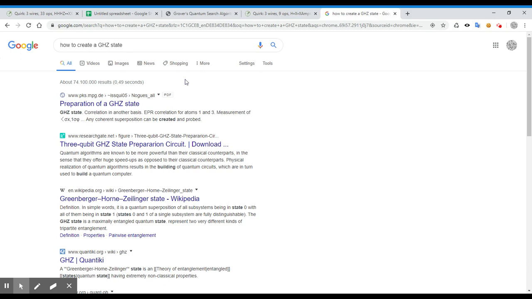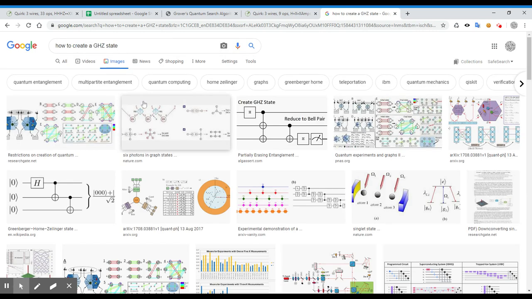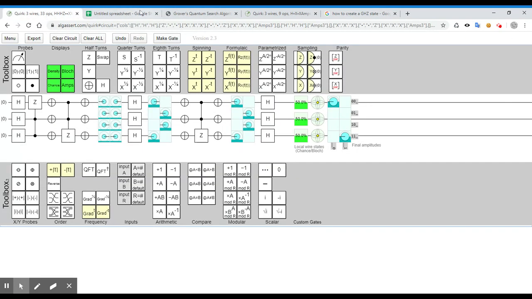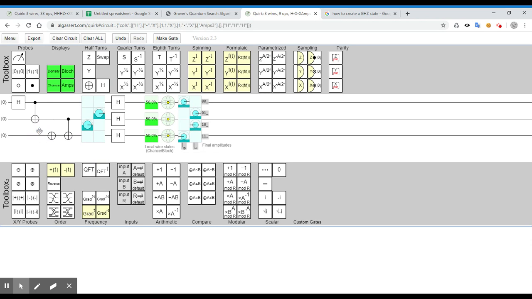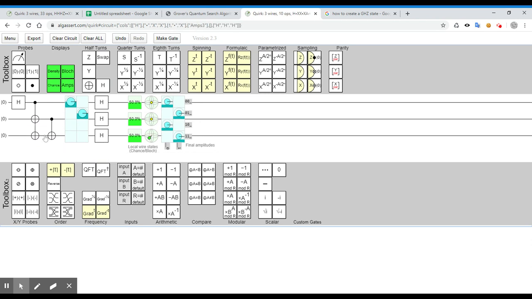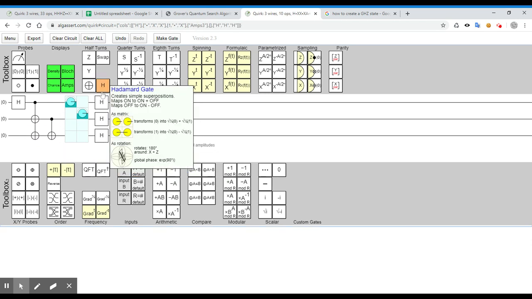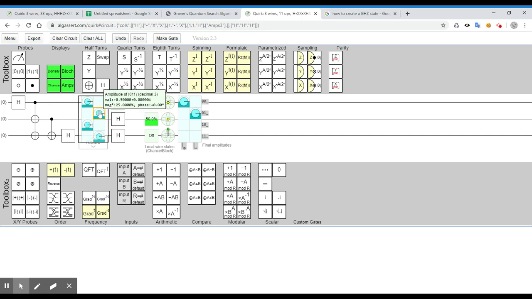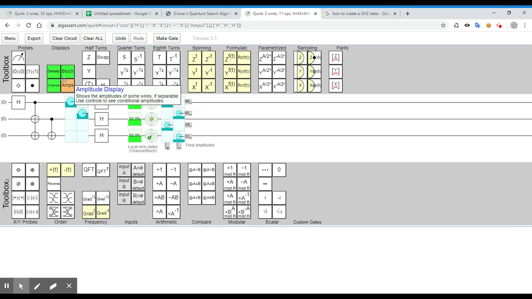I think it was called GHZ state, 3-qubit GHZ circuit. These and these, okay? These and these, no. Oh, and still another Hadamard. Oh, now we've got 4 elements. Okay, that's cool. Let's see. No, but I don't want 4 elements. I want 3 elements. Can I have 3 elements?